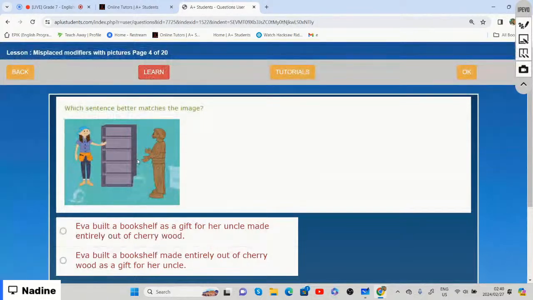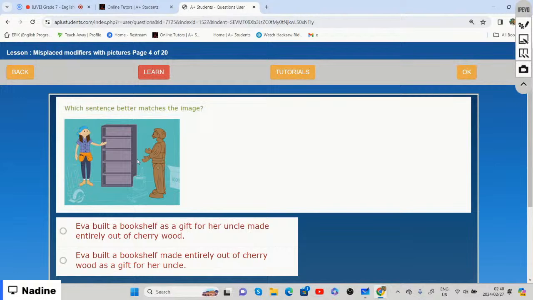Eva built a bookshelf as a gift for her uncle made entirely out of cherry wood, or Eva built a bookshelf made entirely out of cherry wood as a gift for her uncle.